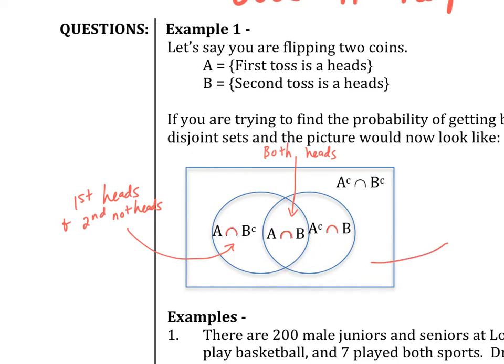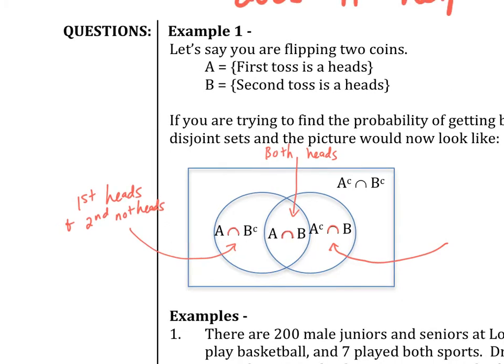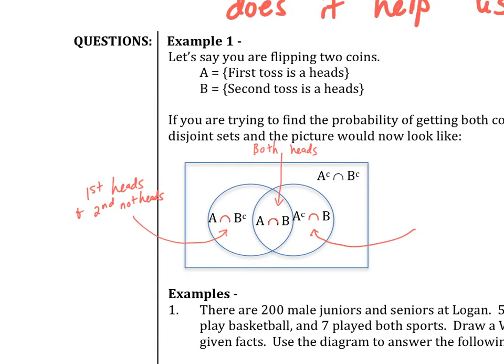On the right side, that A C, this A with a little c means A complement. That means the first is tails because it means it's not heads, and the B means the second is heads. So we have heads and heads, we have heads then tails, and we have tails then heads.